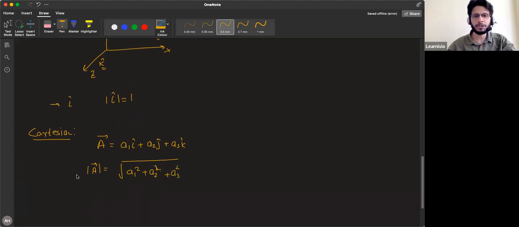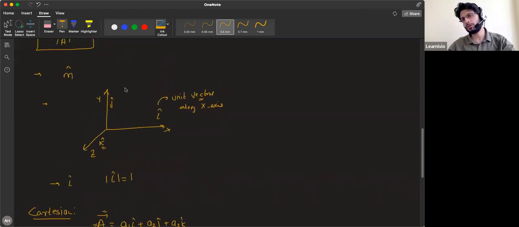Unib, is it a unit vector? How will you convert this vector A into a unit vector? Divide. Yeah, so it's vector A divided by its magnitude. So this is the relation from which you can get questions, along with the concept of unit vector.